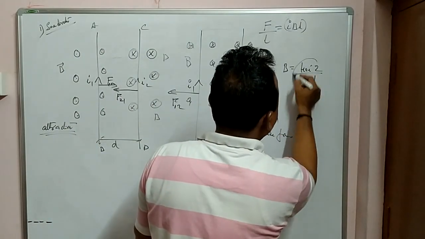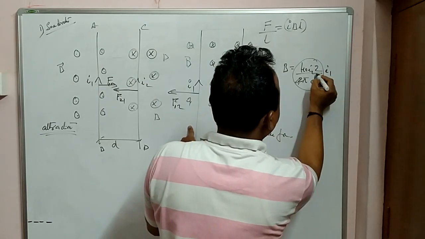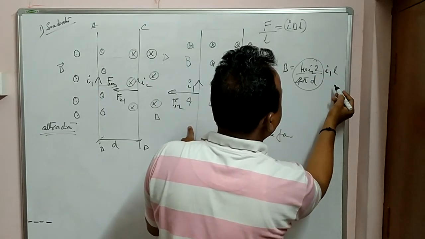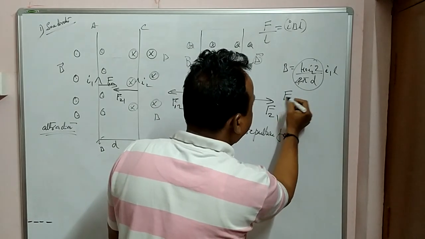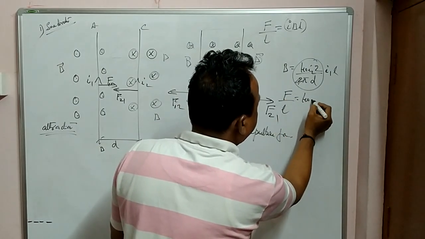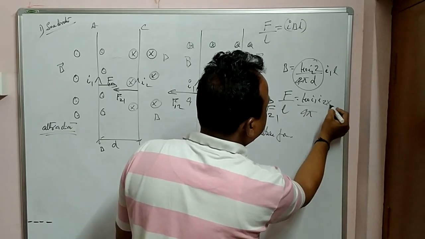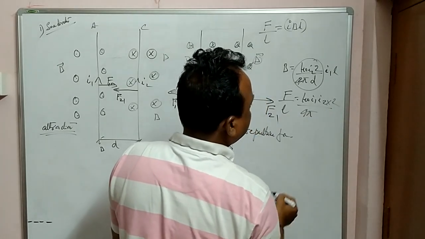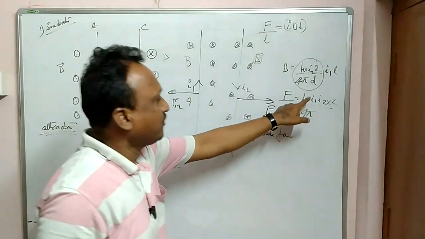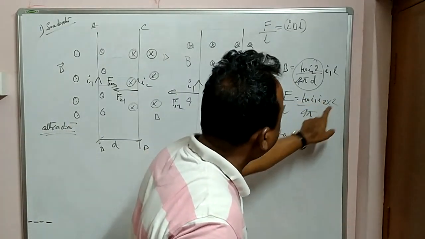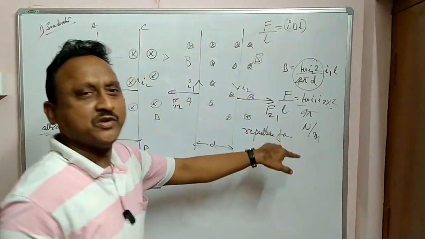That means B, I1 and I2, L. So the force acting per unit length, F by L, is equal to mu naught I1 I2 by 4 pi into 2 by D. The 2 gets cancelled and we get 2 here, so mu naught I1 I2 into 2 by 4 pi, in newton per meter units. Force acting per unit length.